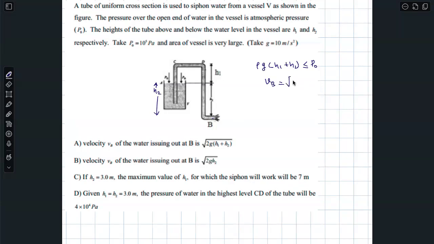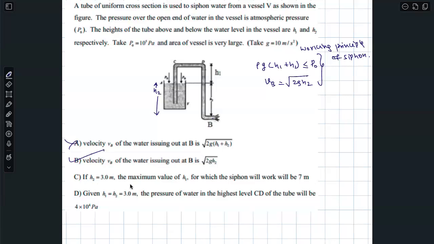Root 2 g H2, independent of H1. These are the two working principles of siphon. So A is wrong, B is correct.